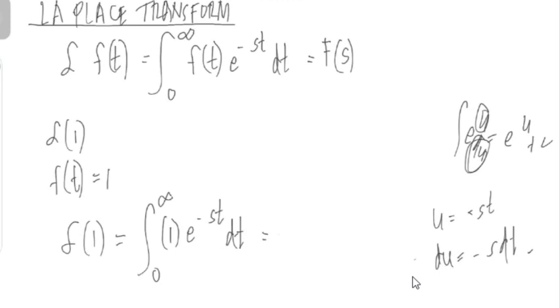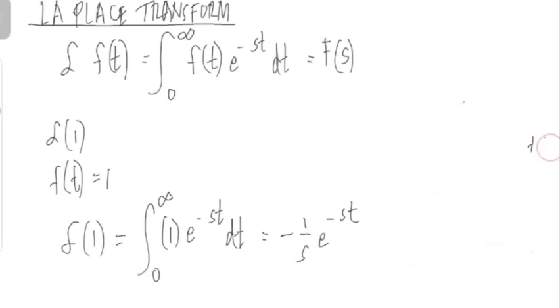Then the result is negative 1 over s e to the negative st. Do you follow? Dapat exact derivative, dahil hindi exact derivative, kuha tayo ng neutralizing factor. Then apply the limit. Upper limit minus the lower limit. So, negative 1 over s. Yung s mo, constant ito, no? Arbitrary constant. Replace t by infinity, minus the lower limit.